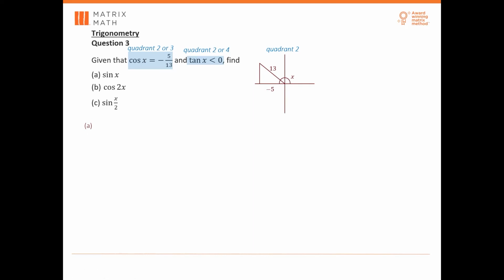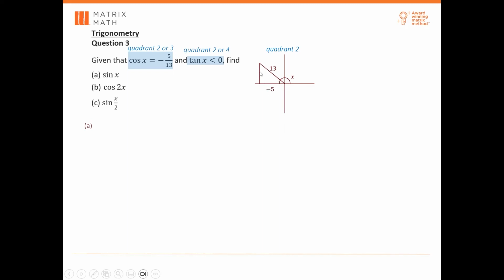So on a graph paper, it's positive, positive; positive, negative; negative, negative; and negative, positive here. So if there's -5 on the x coordinate over here, just write down -5 here. Now hypotenuse can never be negative, so just put positive 13 here. So -5 over 13. When you do a cosine of the angle over here, it'll be -5 over 13.